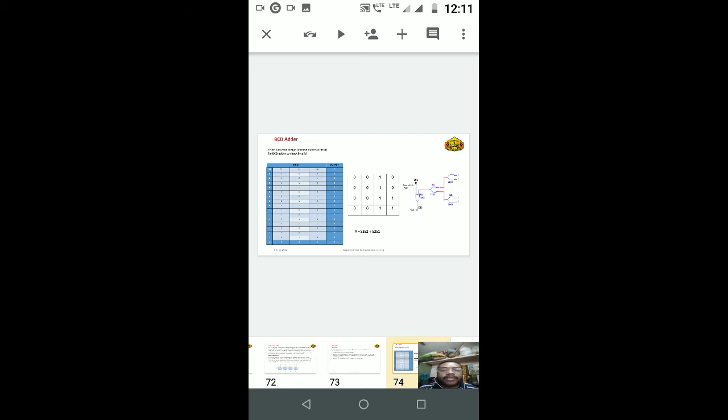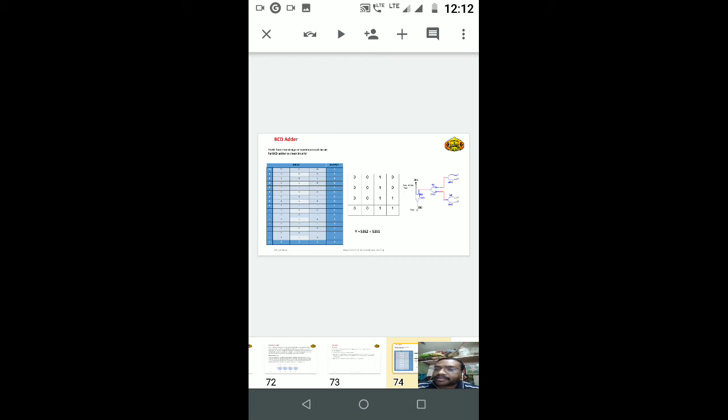I think in the previous lecture some network issues were there. So, in that lecture I drew this K map, and in that K map I wrote S1 S0, then made one cross line, and above the cross line I wrote S3 S2.